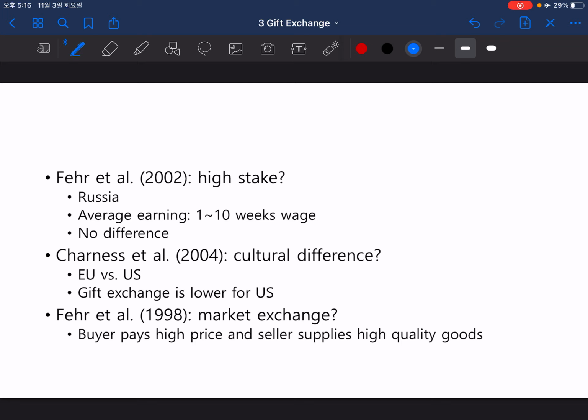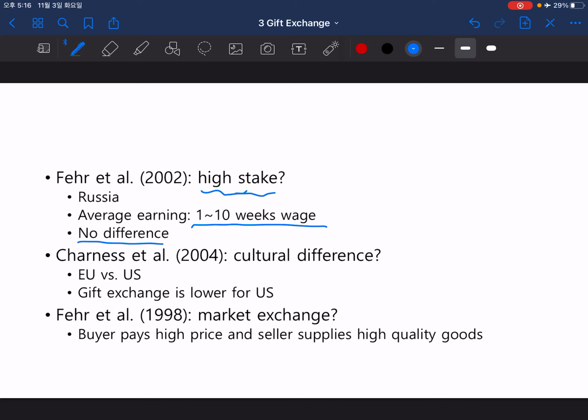It's a small amount and they don't really care. So these authors run an experiment with high stakes, and in this experiment, average earning is really big, between 1 to 10 weeks of wages. So this is a really big amount of money, really high stake, and they find no difference in the finding. So again, it seems that stake size doesn't really matter.